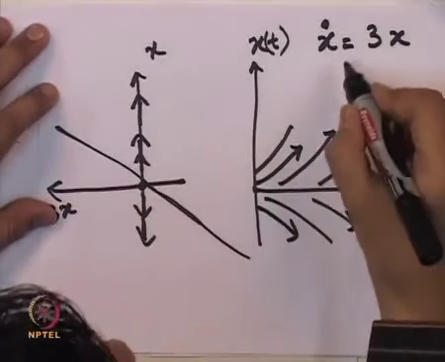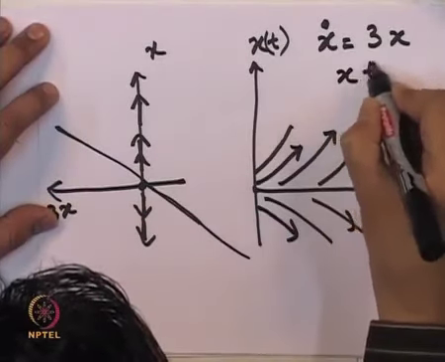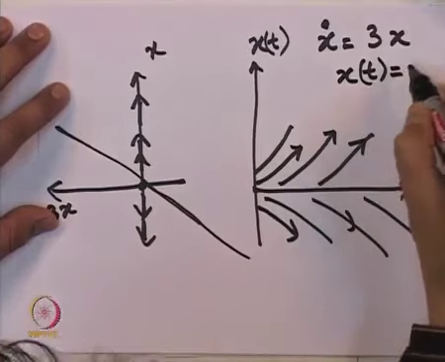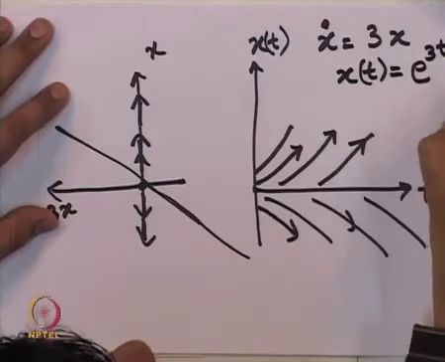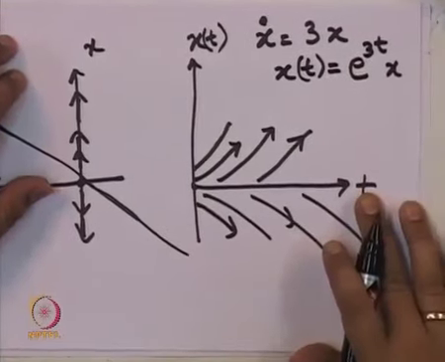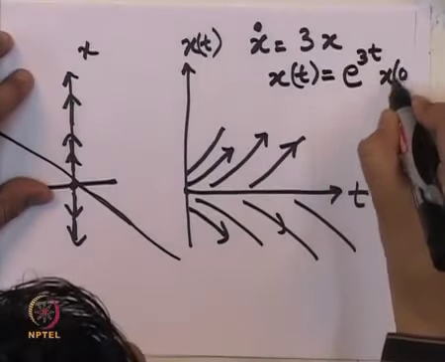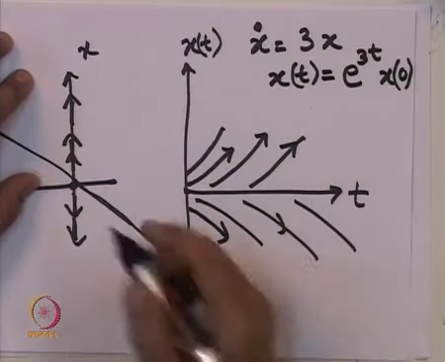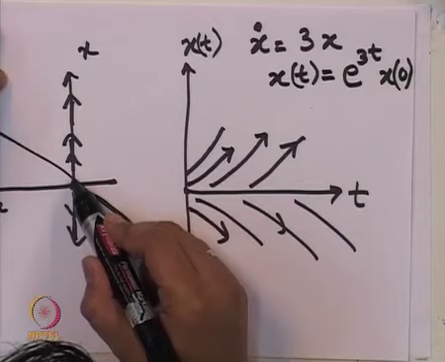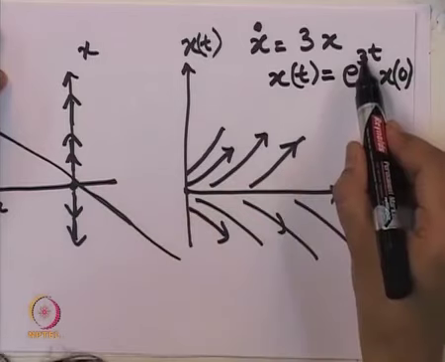And of course, we know the solution to this is exactly x of t is equal to e to the power 3t times the initial condition. So, we see that if this particular line has positive slope, that positive slope 3 is going to come in here.